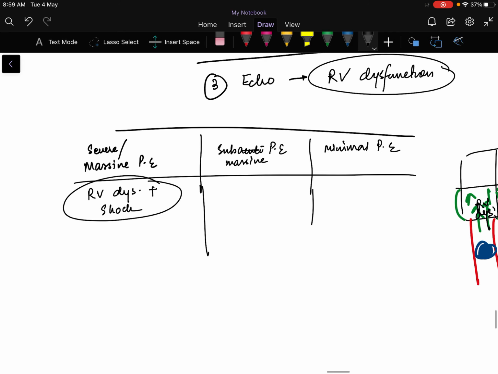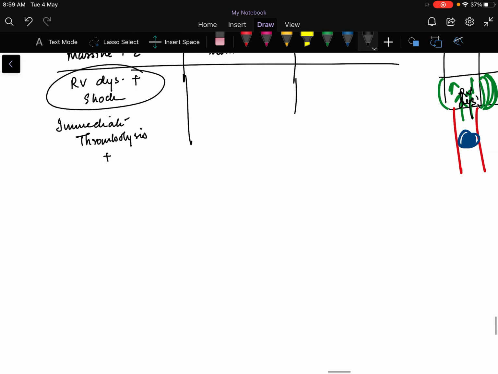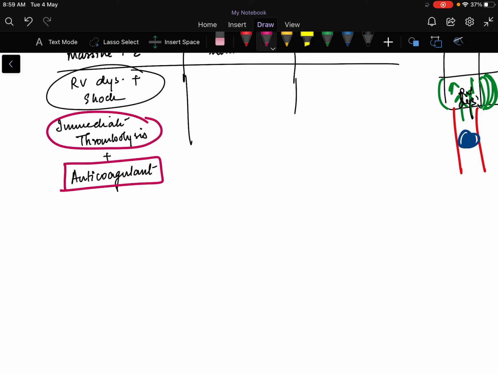Then you will do an immediate thrombolysis plus anticoagulant therapy. Right, you have to give anticoagulants and immediate thrombolysis. You have drug-eluting stents. This is a vessel. This is a thrombus.